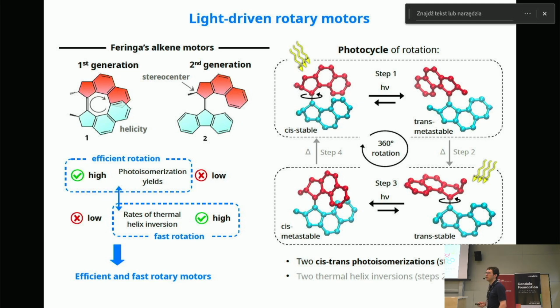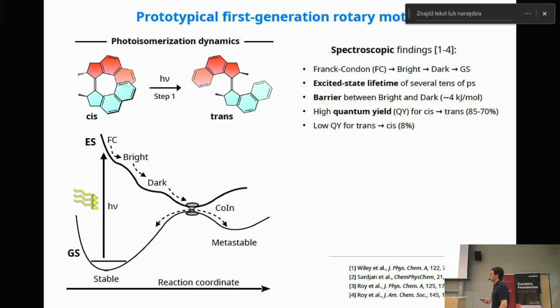At the current state of research, the photochemical reactions of Feringa motors are still unclear. This motivated us to investigate the photoisomerization reactions in a prototypical first-generation rotary motor.